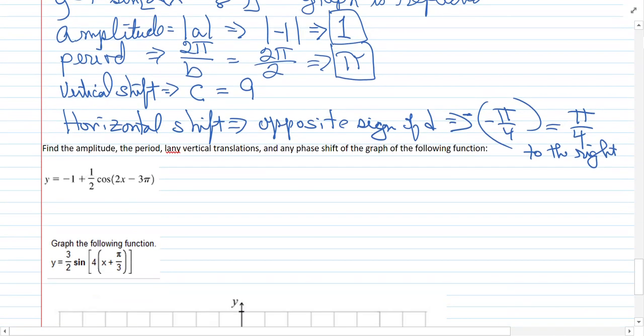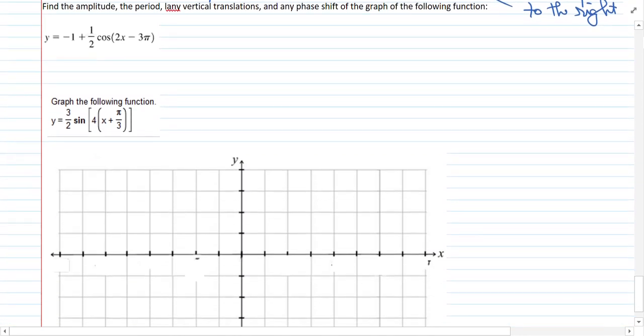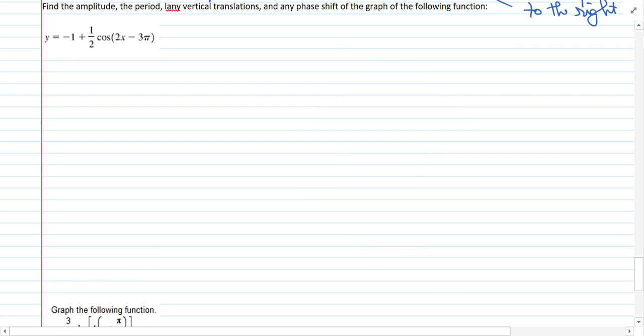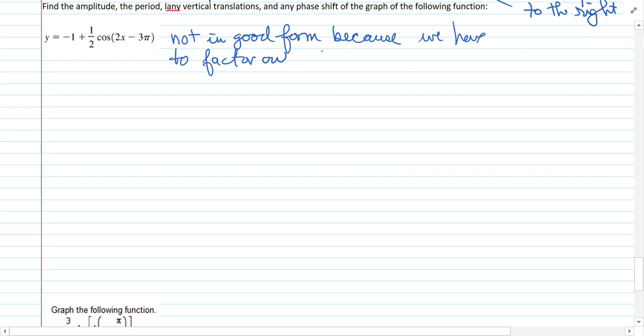Very good, class. Here, we're doing the same thing. And I need some room. All right. So this one is not in good form because we have to factor out a 2 in the argument.